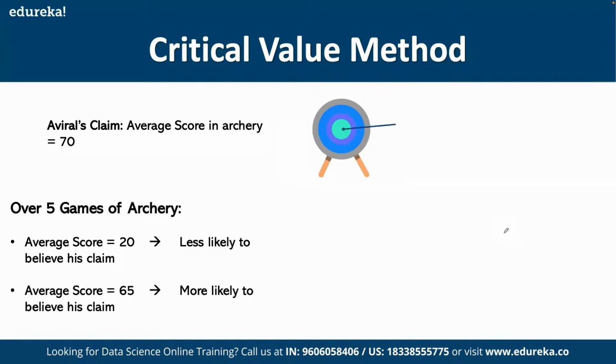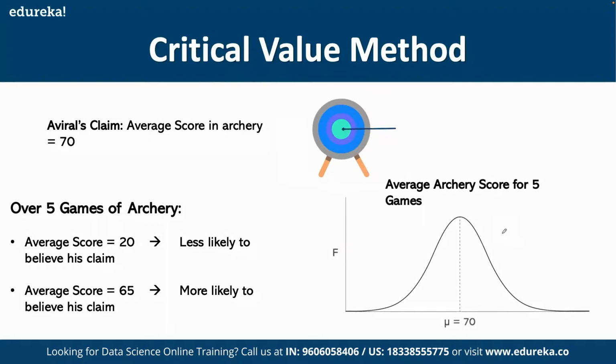Over 5 games of archery, this is how the data is. If the average score is 20, then it is less likely to believe the claim. If the average score is 65, it is more likely to believe his claim because this is much closer to the value of 70. So we have a claim that is 70.